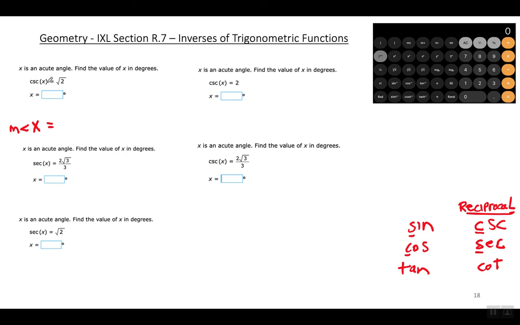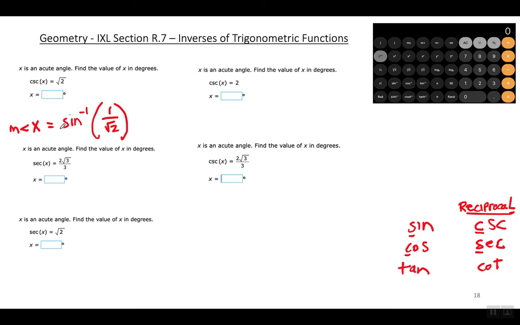To find the measure of the angle whose cosecant is square root of 2, what I'm going to do instead is find the measure of an angle whose sine is 1 over square root of 2, because that is the reciprocal of square root of 2, and cosecant and sine are reciprocals of each other. I know that may sound a little confusing at first. All right, let me go over how to do it in the calculator.